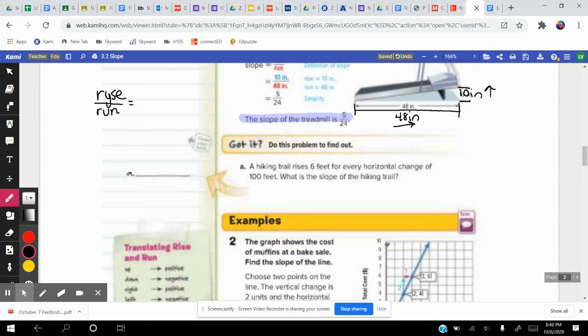Our rise value is 6 feet, divided by a run value of 100 feet. Let's reduce both of these by 2. 6 divided by 2 gives us 3. 100 divided by 2 gives us 50. So what is the slope of the hiking trail? 3 divided by 50.